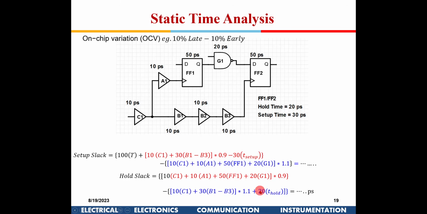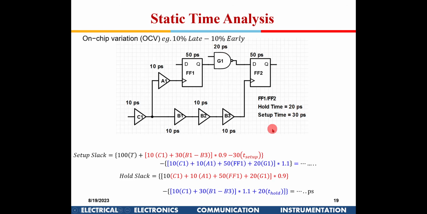So your tool will do this. If you are working on an STA tool, this percentage that you give is a variable that is in your hands. How much you want to give is generally based on the feedback from the Fab Lab. If the Fab Lab says, I am confident of giving you 5% OCV variations, right?